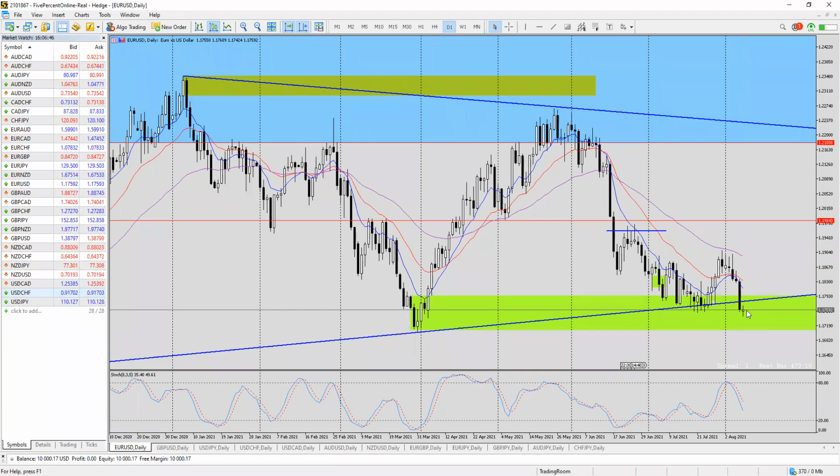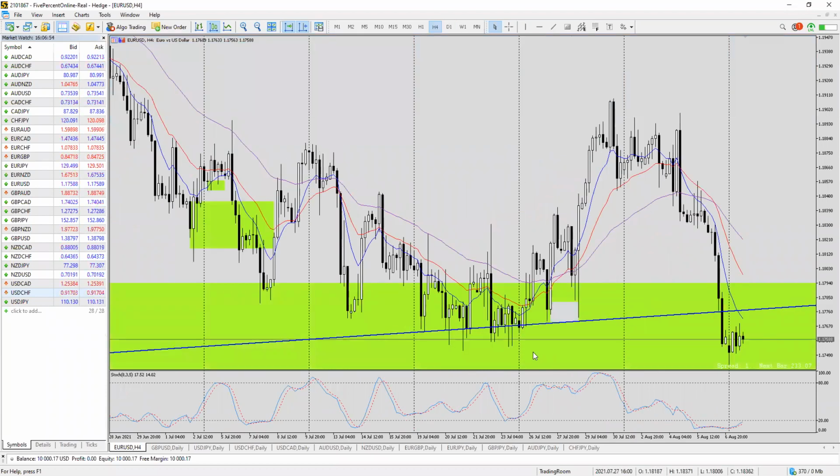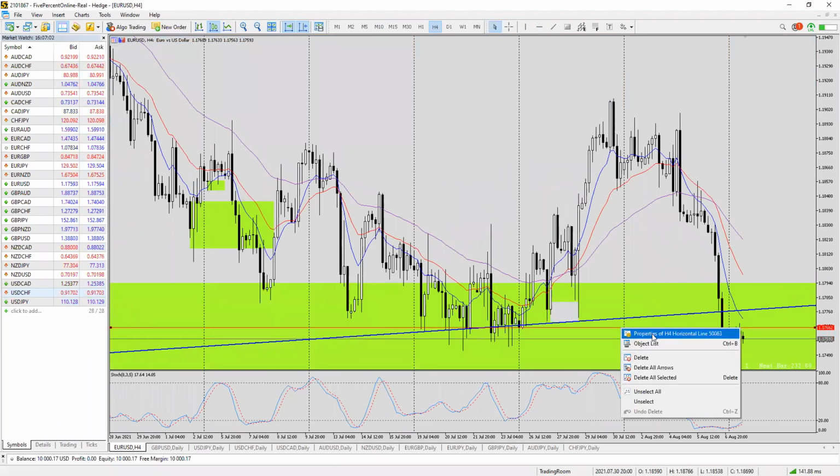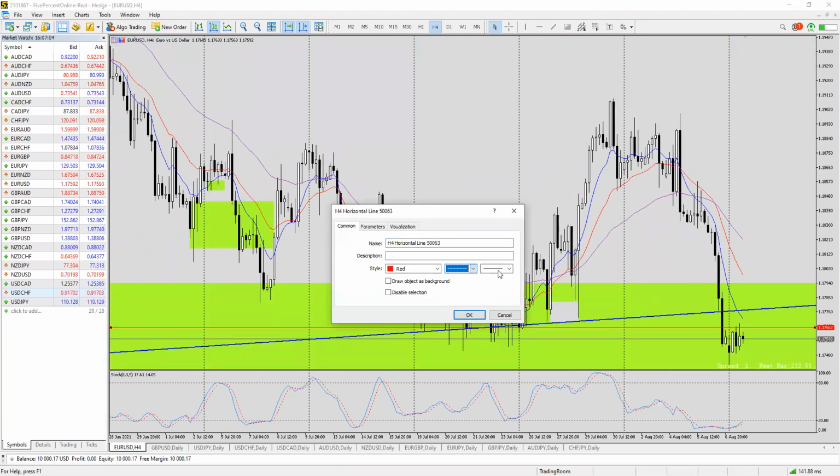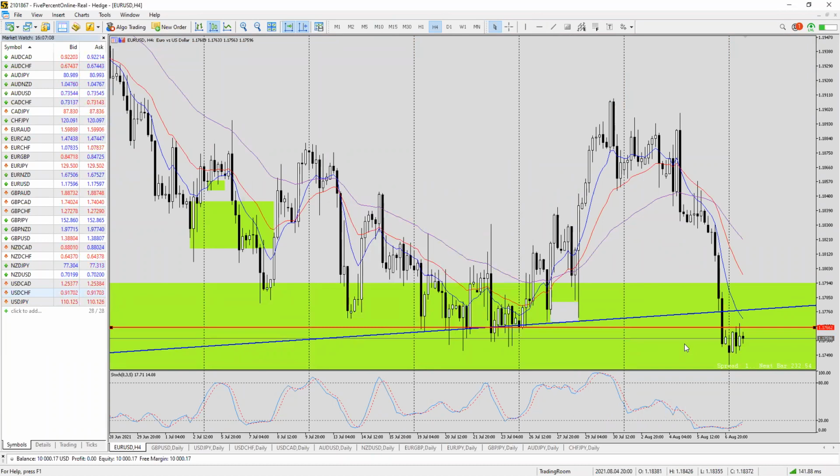But if you see the price coming up again and testing this trend line and testing the previous level as well, let me just make this line thicker. If you see this level of around 117.66 or so, as you can see, it's being tested now.